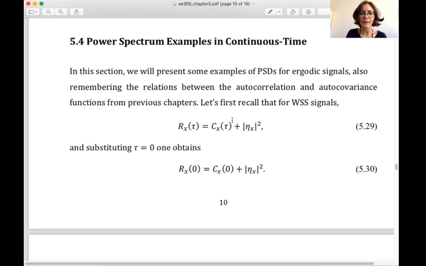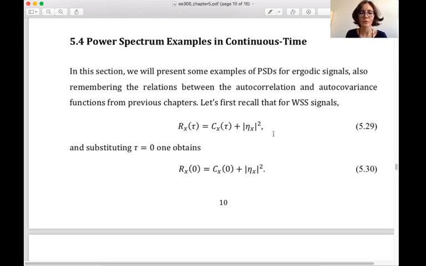How do you see that? Just look at the autocovariance function of the random process. We know how to write it as the expectation, it's actually the covariance of x of t plus tau and x of t considered as two random variables. If you just decompose this expectation expression, you can rearrange the terms and then obtain that Cx is equal to Rx minus eta x conjugate eta x, so that you can rearrange the equation in this way.